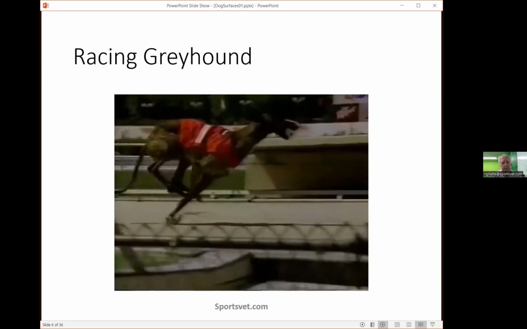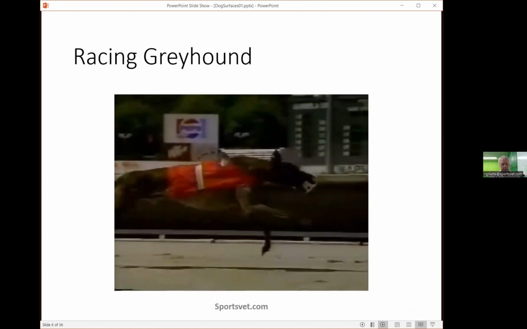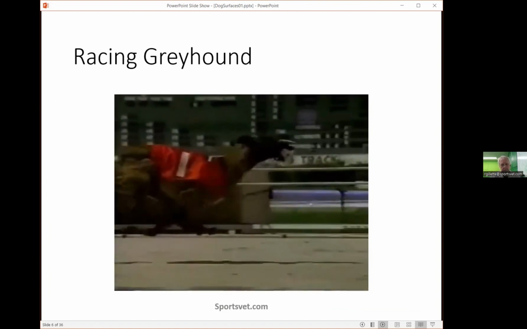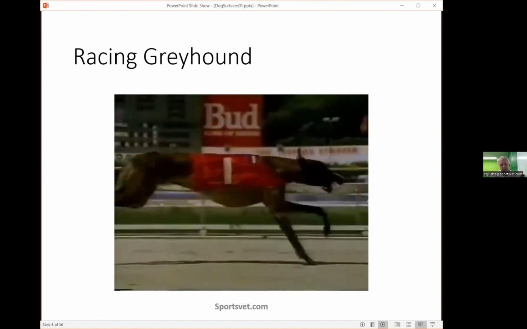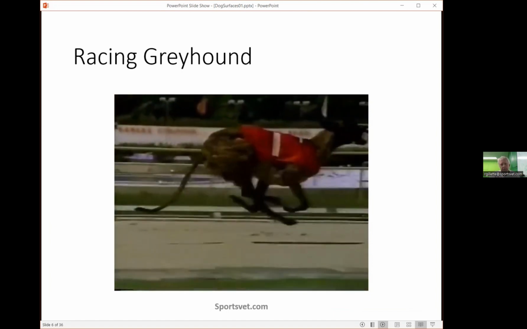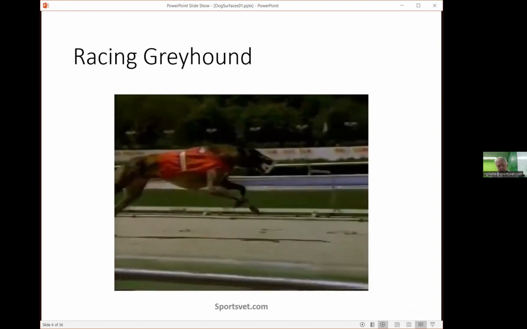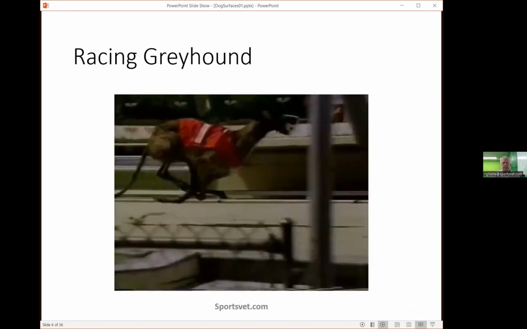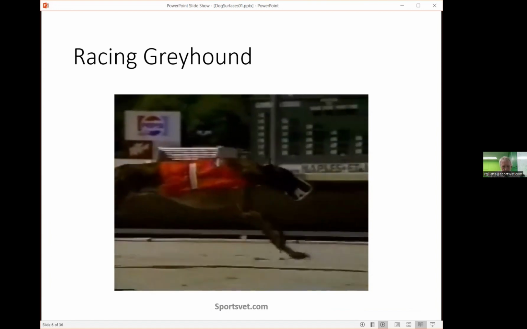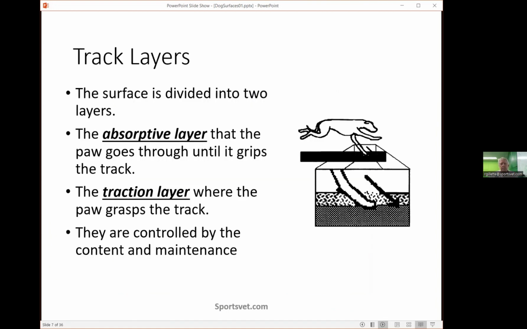So we got to start here with, say, a greyhound, and our goal was to design a racing surface that would best handle the impacts and the forces needed to allow a greyhound to run throughout a race and minimize the risk of injury or damage related to that race. When we were working on that surface, we realized, and you guys may know all this, that from an impact standpoint, the surface has two layers.